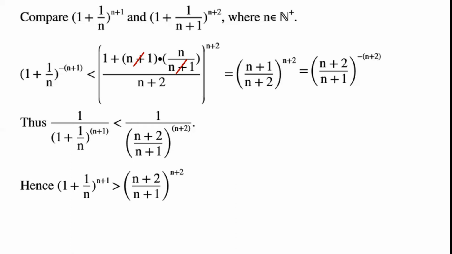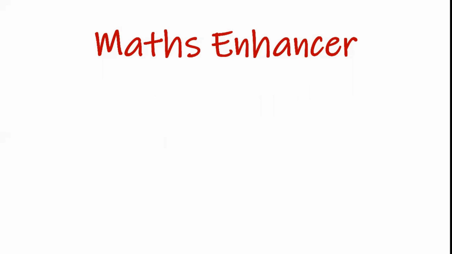Hence, (1 + 1/n)^(n+1) is greater than ((n+2) over (n+1))^(n+2), which is equal to (1 + 1/(n+1))^(n+2).